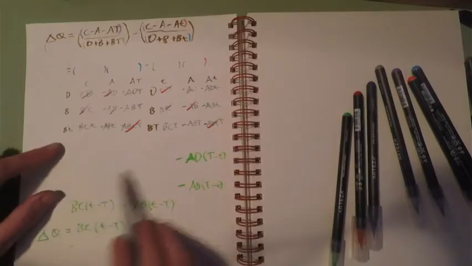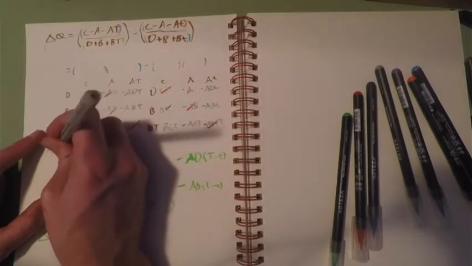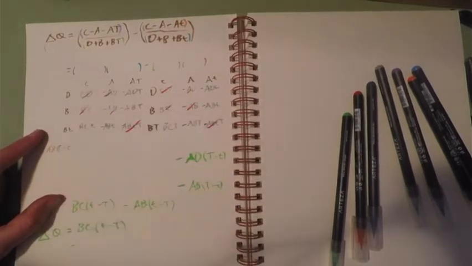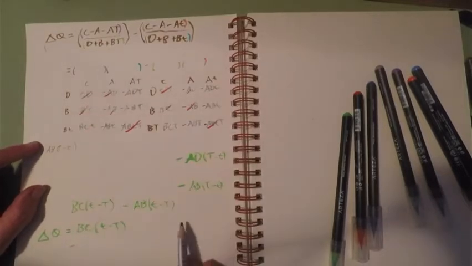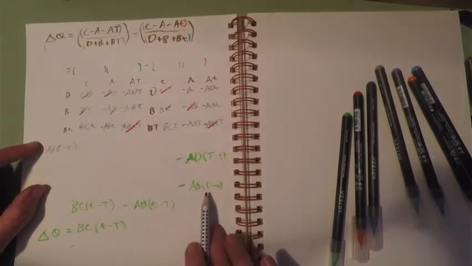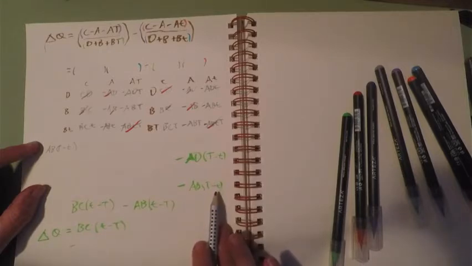I'm going to just kind of use this blank space. So if I've got AB(T - t), and so I'm subtracting it twice, right? These aren't exactly the same, but they're the reverse of each other.